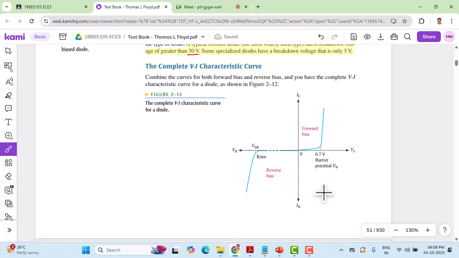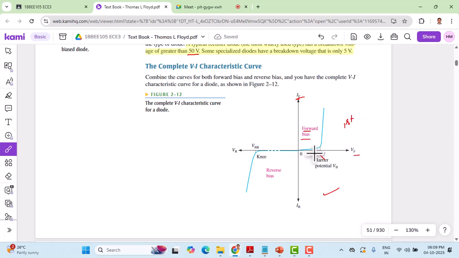You may also explain individually first the forward case, as we said, with less than 0.7 and greater than 0.7, and how it affects the forward current. Later on you can consolidate into this kind of graph. As usual, this is the forward voltage and this is the forward current, and the curve is in the first quadrant. So this is the forward bias characteristics.